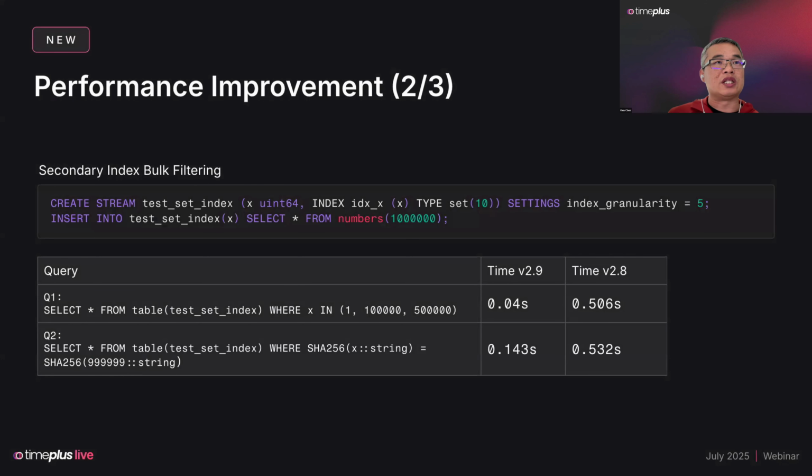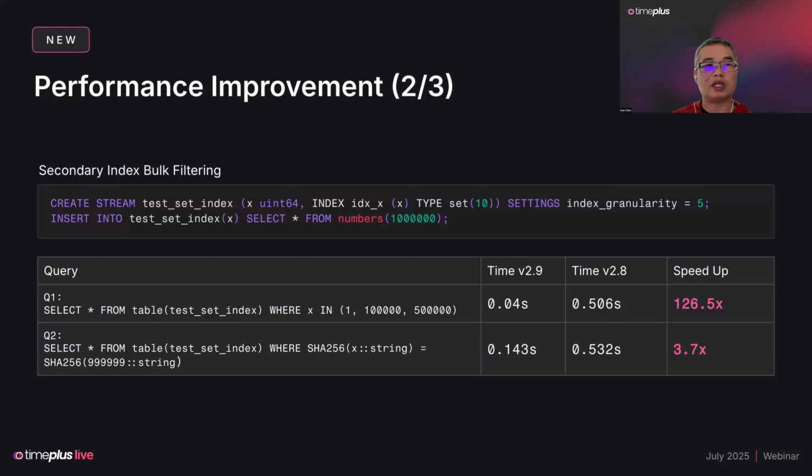The next one is secondary index block filtering. If we have lots of data and we create a secondary index for the append stream, after the improvement we can have better performance and efficiency, because it can prune the data as fast as possible. For different queries, the speedup can be different.